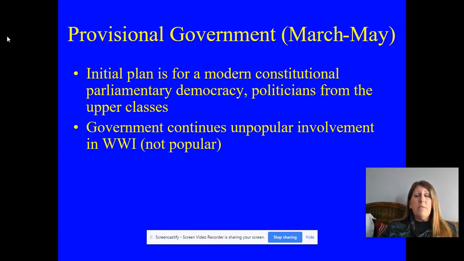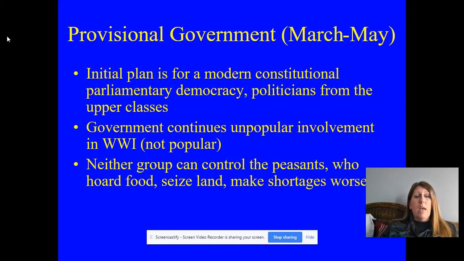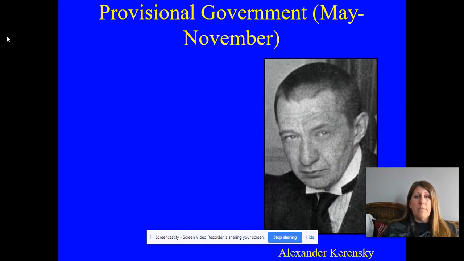And the biggest mistake that the provisional government made is that they stayed in World War I. People were sick and tired of soldiers dying. So neither group can control the peasants who hoard food, they seize land, they make shortages worse. And so it becomes a very tense-filled nation.